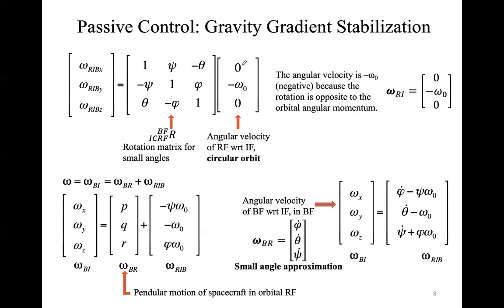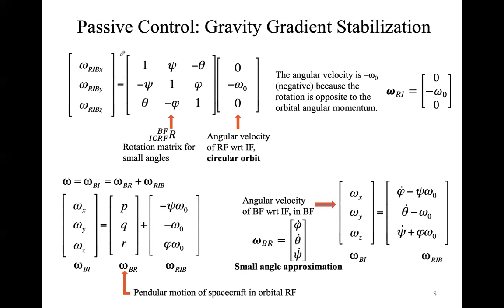This one, however, is expressed in the inertial reference frame. So we need to transform this one from the inertial reference frame to the body frame. Here we start to assume that the body frame and the orbital reference frame are very close by.